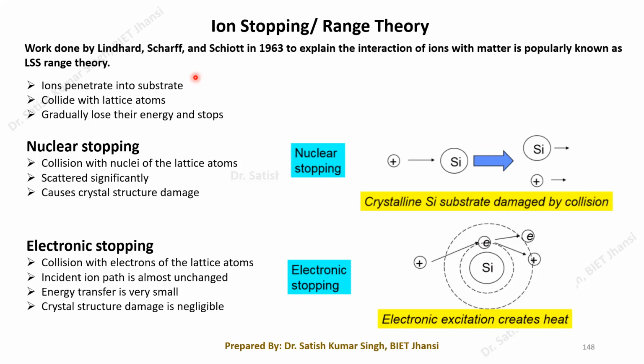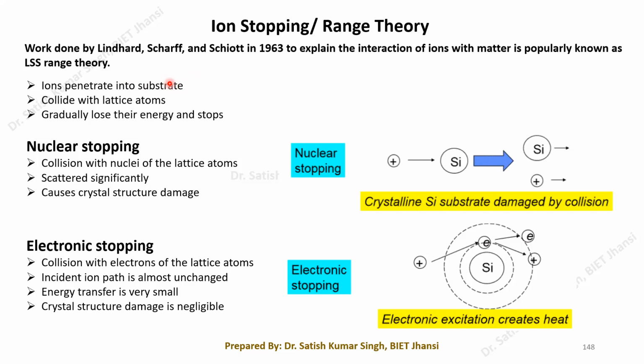In the end, these three scientists worked together, Lindhard, Scharff, and Schiott, and in 1963 they gave a particular theory, which is popularly known as the range theory, the LSS range theory.